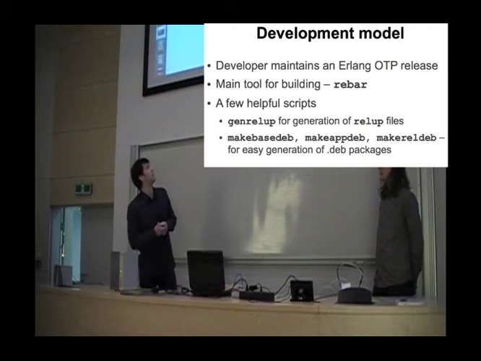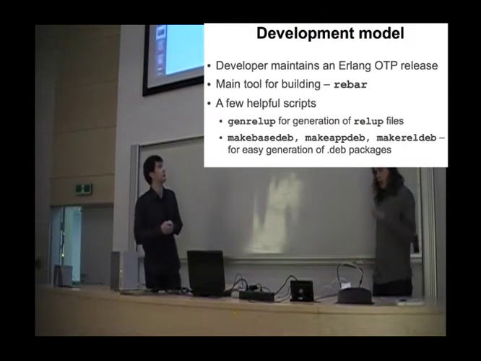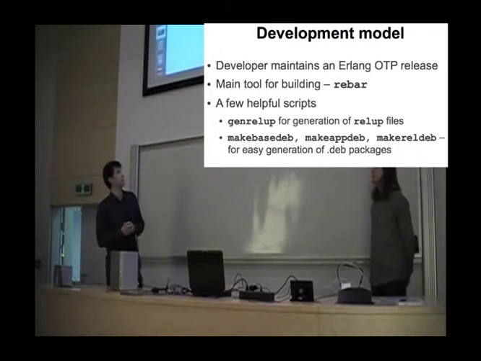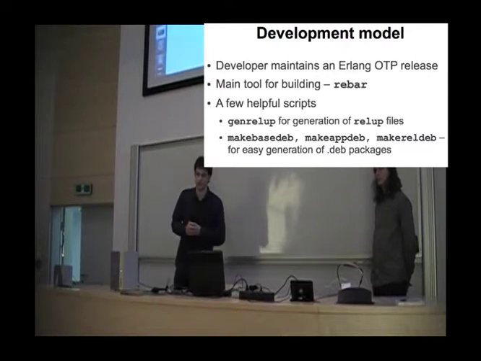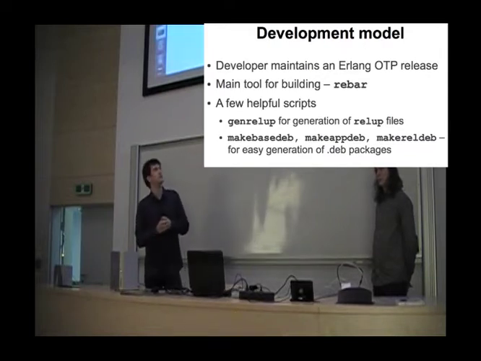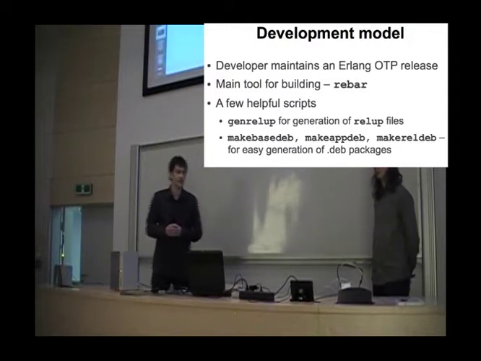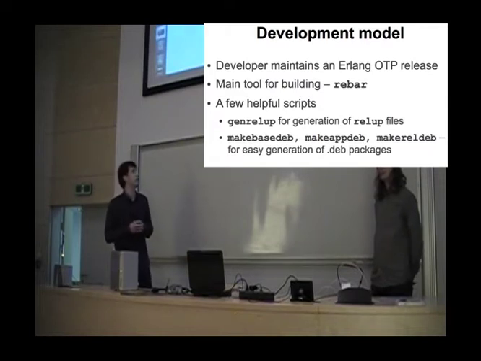We added some of our own scripts into it because we wanted to make it a little more integrated into the platform. So first, there's a general script which is used to generate so-called relup scripts. The relup is a script that defines the way a release is upgraded from one version to another, or downgraded.